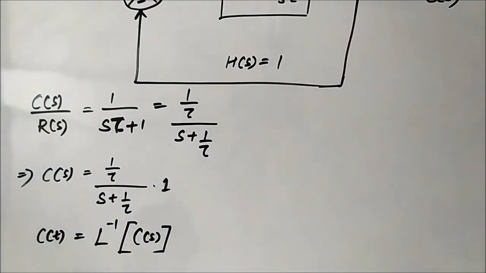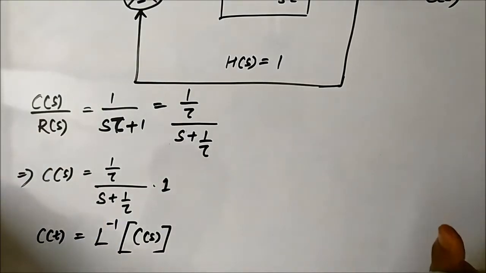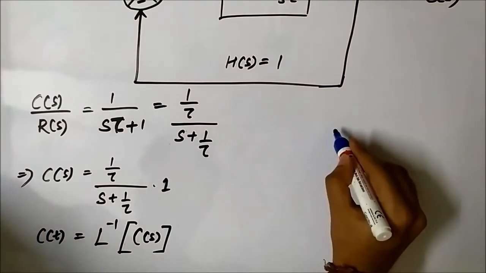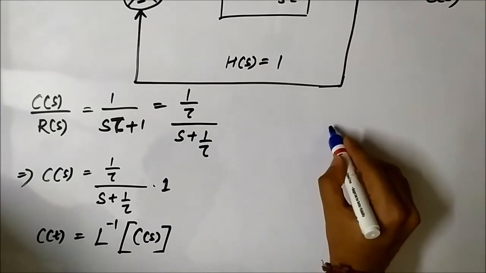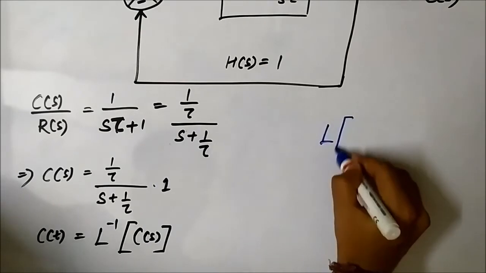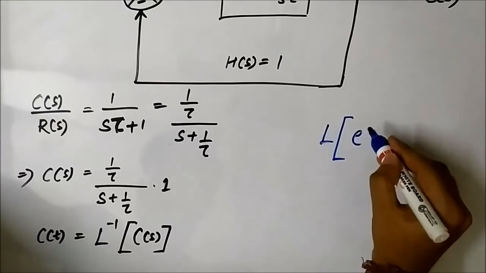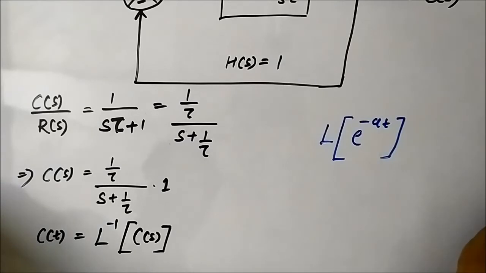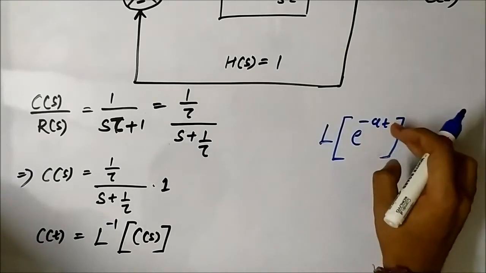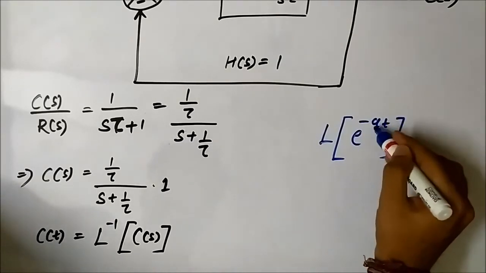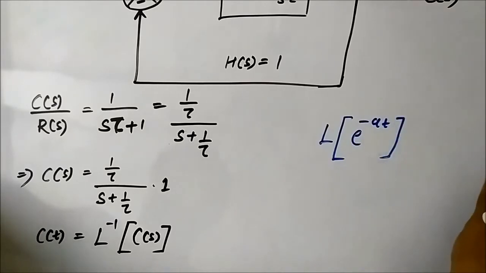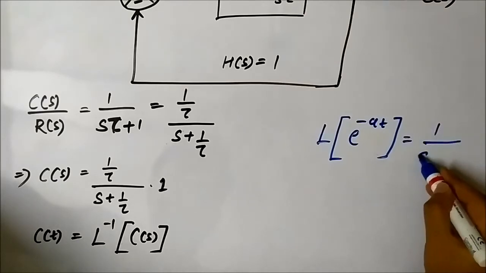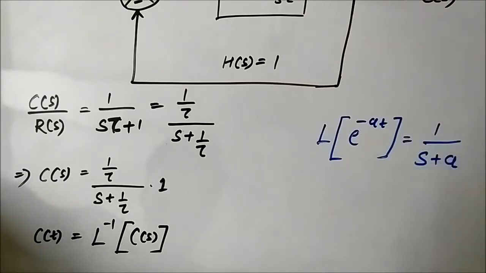A basic formula related to Laplace transform says that the Laplace transform of e^(-at), the exponential signal with a being any constant value, is 1/(s + a).